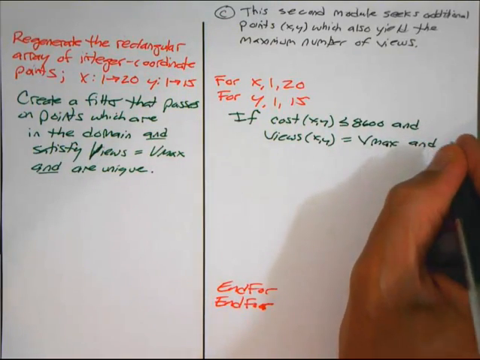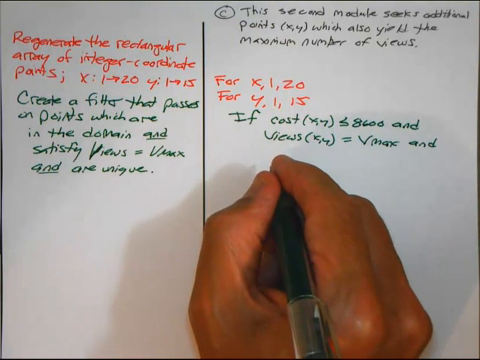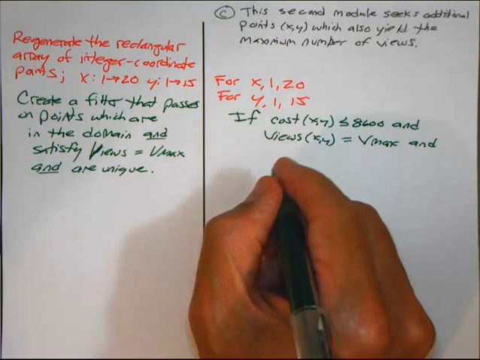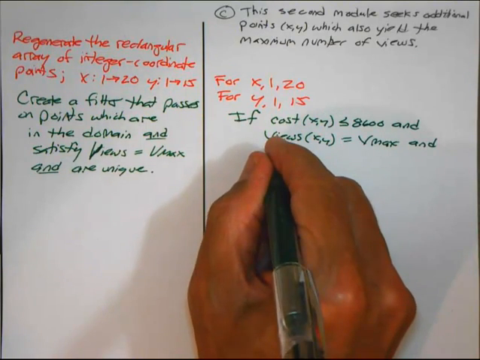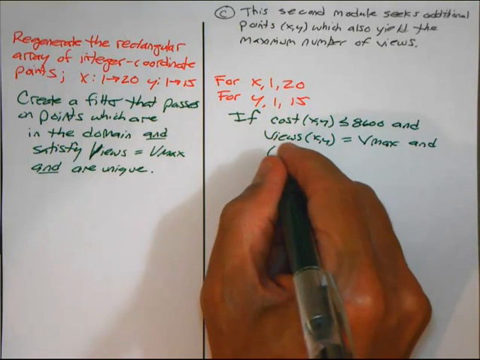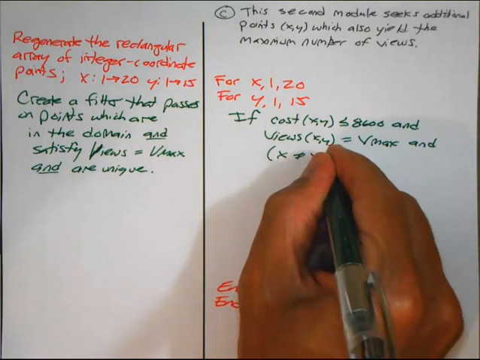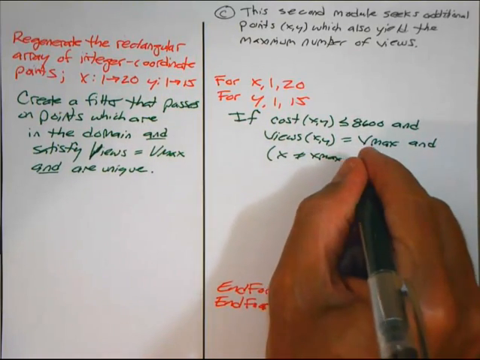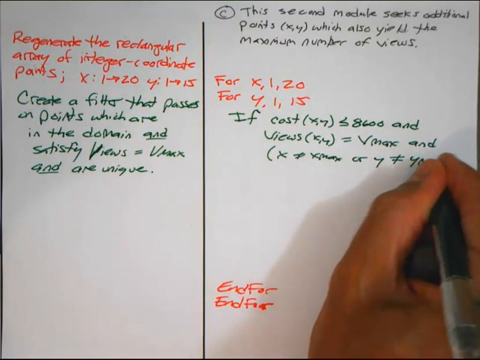We want this to be a unique point, so let's make sure that it's different from X max, Y max in at least one coordinate, and we could do that with a requirement such as X not equal to X max, or Y not equal to Y max.